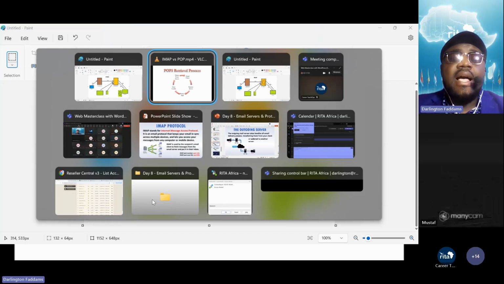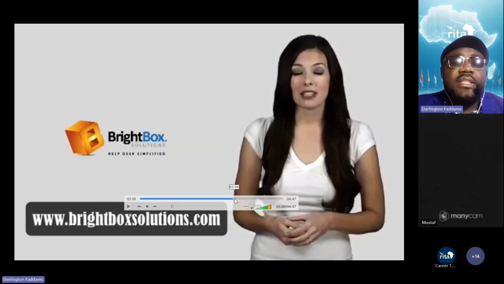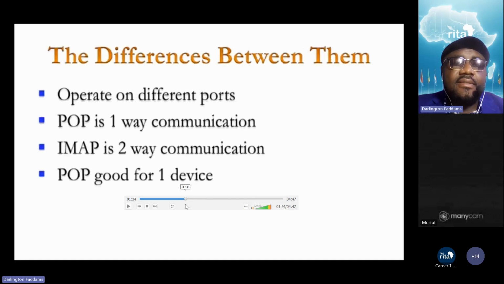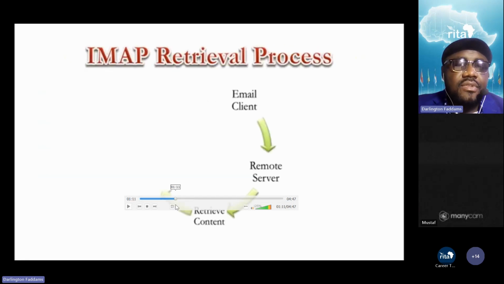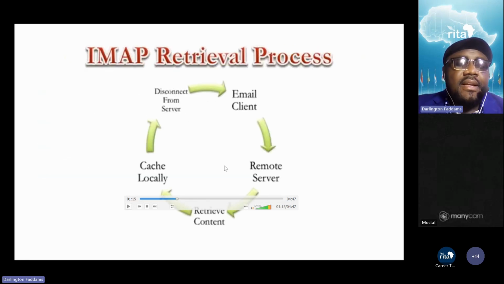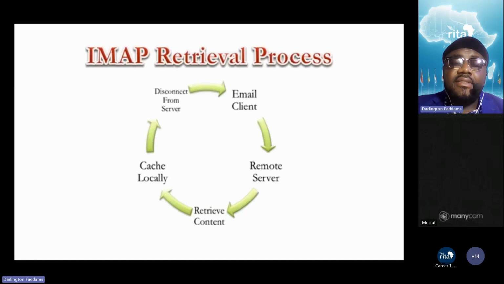When it comes to IMAP, IMAP uses a different process. With IMAP, it will connect to the remote server, that's the incoming server, retrieve the content, and it will cache it locally. So this one, instead of storage, does what we call caching.